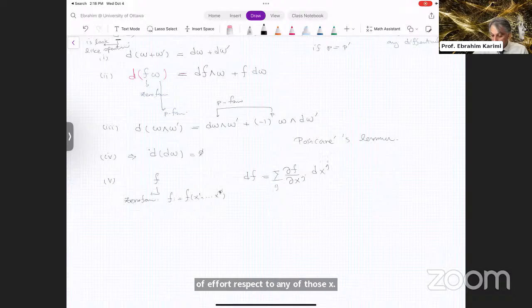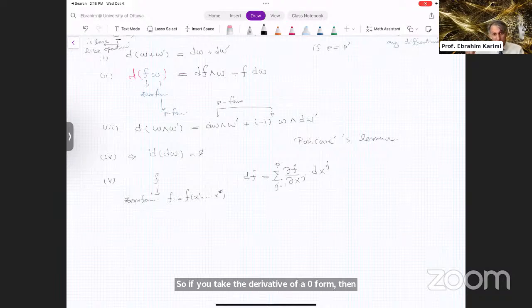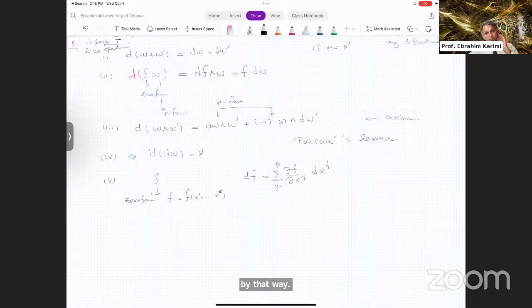Remember, there is a summation here on j from 1 to p. So if you take the derivative of a zero form, you will get a one form, and the element of this is given that way. Yes, only the third one is an axiom.